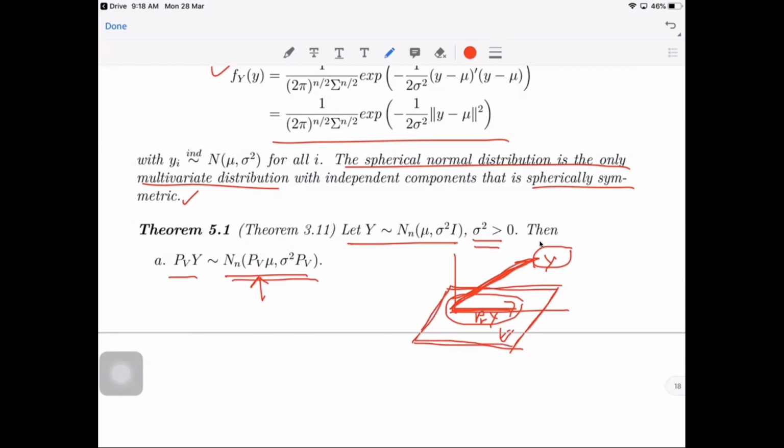Later, this concept is very important when we have multivariate or n-dimensional vectors, where it is very difficult to analyze in n dimensions. What we do is project it into a space that is just two-dimensional. One application of that is principal component analysis.